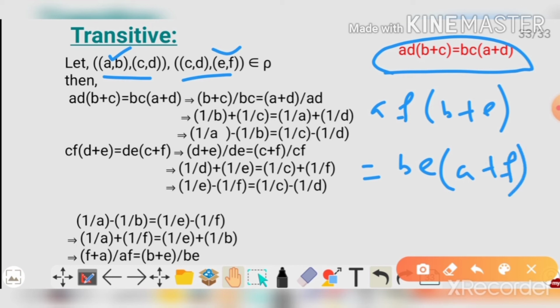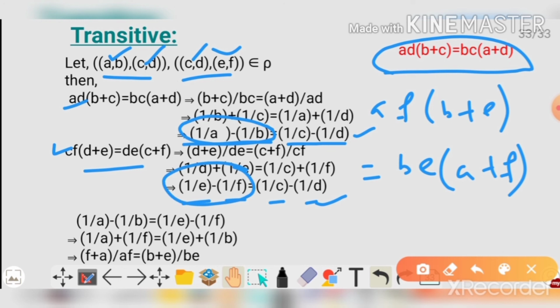So there is no point like (c, d), and we'll eliminate (c, d) from these two equations. How did we do this? We put 1/a, 1/b on one side and the c, d related part on the other side. Similarly, we put 1/e, 1/f on the left side and 1/c, 1/d on the right hand side. As this is 1/c minus 1/d and it is also 1/c minus 1/d, the left hand sides will be equal to each other. We have put it like this.